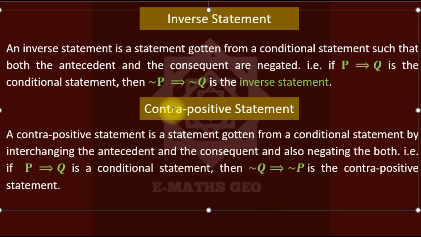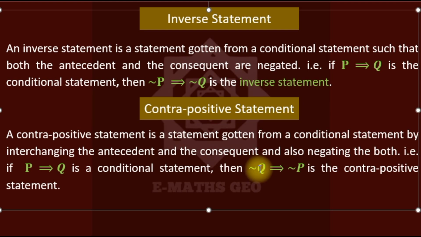Then we have contrapositive statements. A contrapositive statement is a statement gotten from a conditional statement by interchanging the antecedent and the consequence, and also negating both. If you interchange the consequence and the hypothesis or antecedent, and after that you negate them, as you can see, P implies Q, the one highlighted, is a conditional statement.